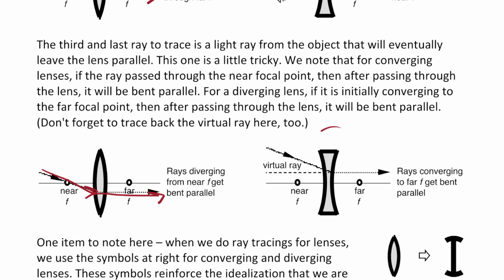Then this is a converging lens, or a convex lens, and this is a diverging lens, or a concave lens. You can think of concave as something sunken inwards. That's how I remember it. Again here we pass it through at an angle, and then it ends up being parallel. The virtual ray would be like this, because if you put your eye here, it looks like the ray was passing straight through.